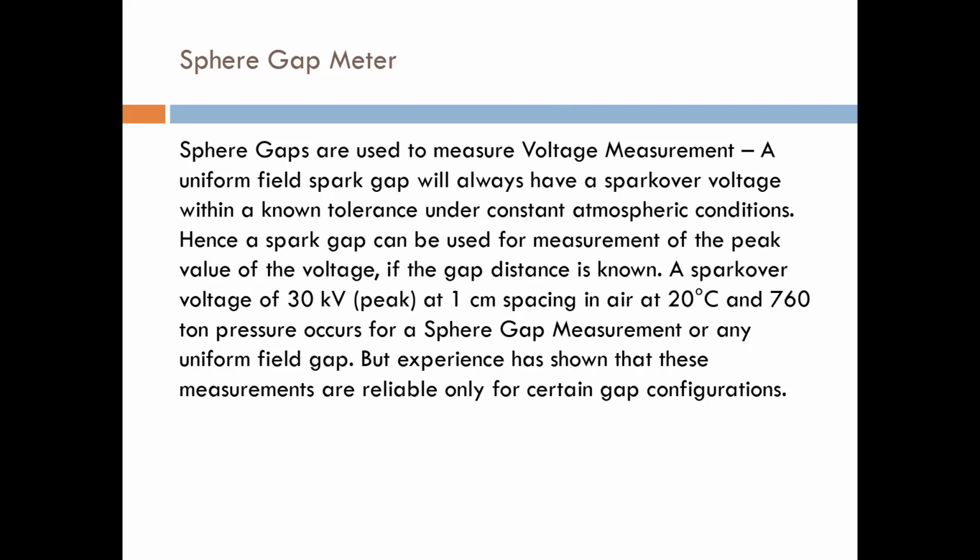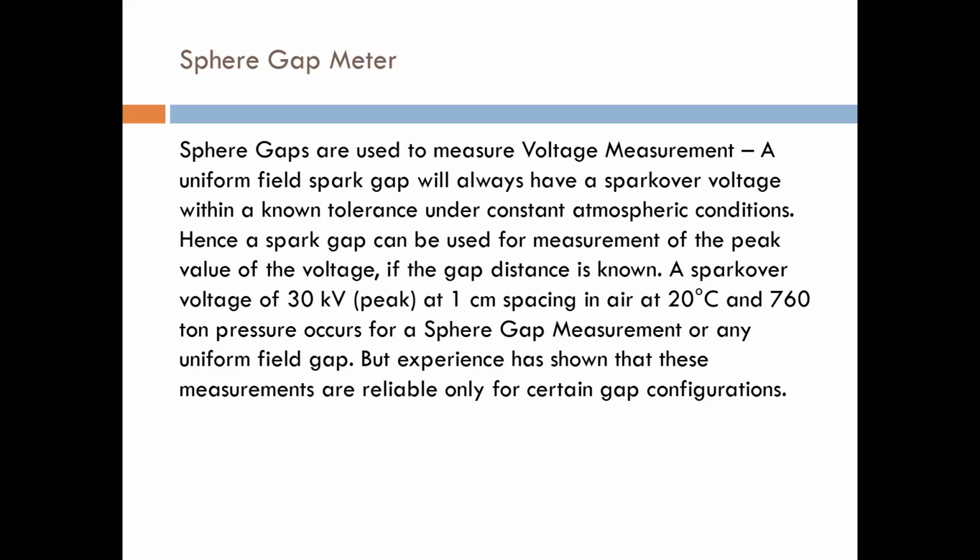If the gap distance is known, I already told you that you decrease the gap distance, and at a certain gap you can measure the gap between the two spheres. So if there is a table given, in the table the diameter of the sphere is also given.